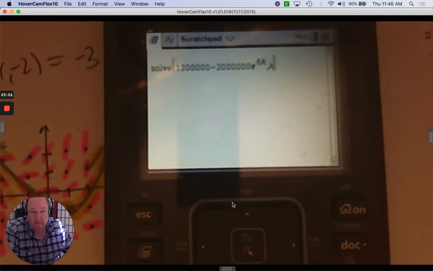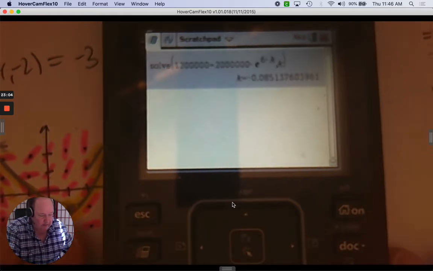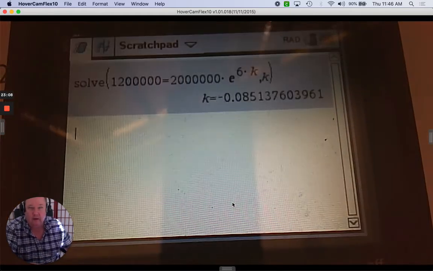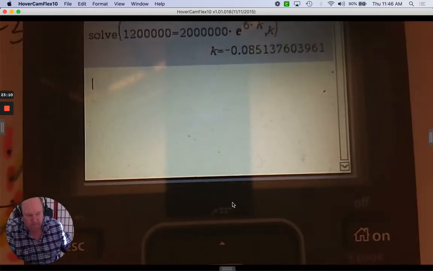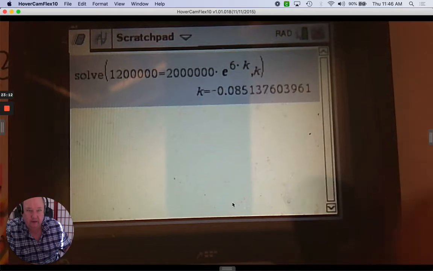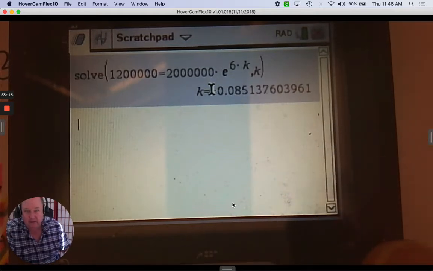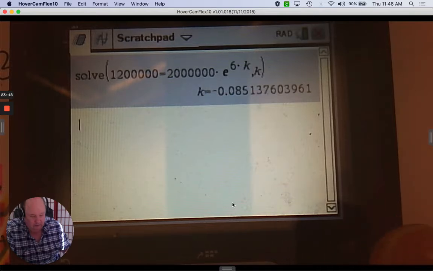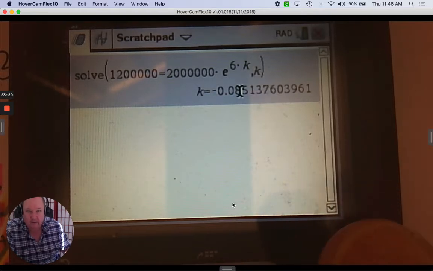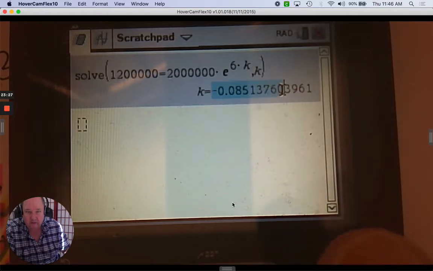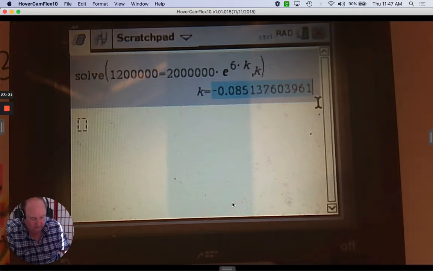So go comma k. And then once you have that, you're going to highlight it and copy it. So come back here with your cursor pad, click on it at the beginning, and then try the best you can to highlight. Sometimes it's a little finicky. So click and highlight on it, and then go Control C. So now it's in there.